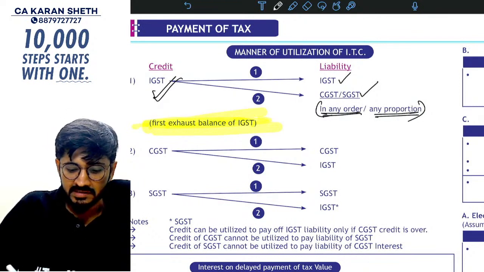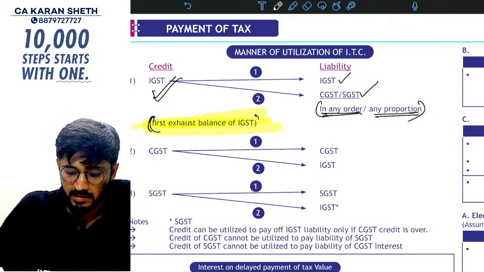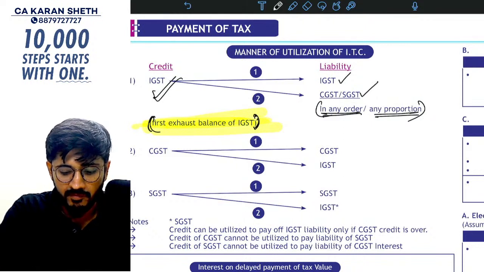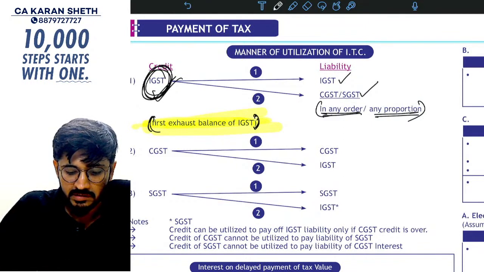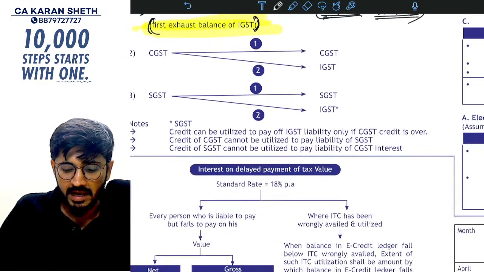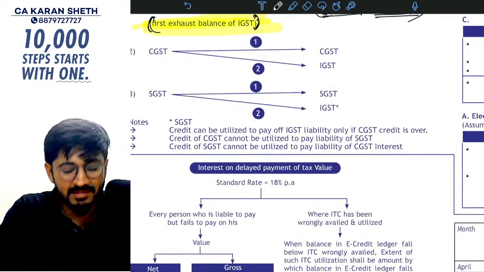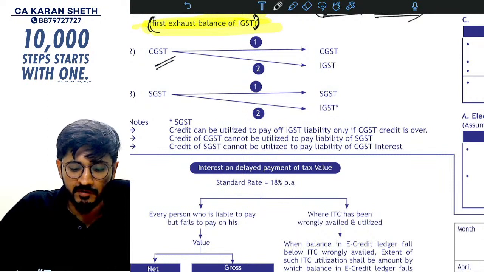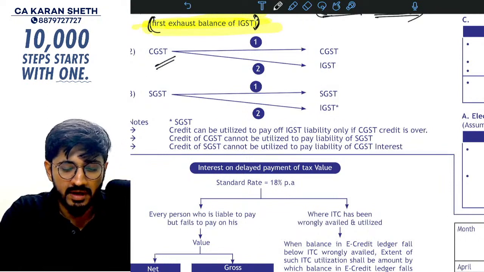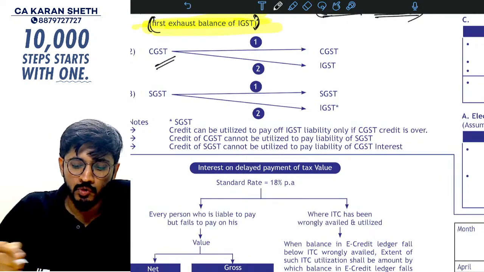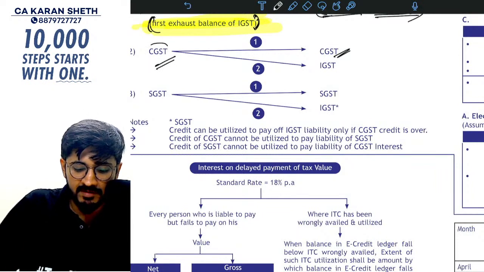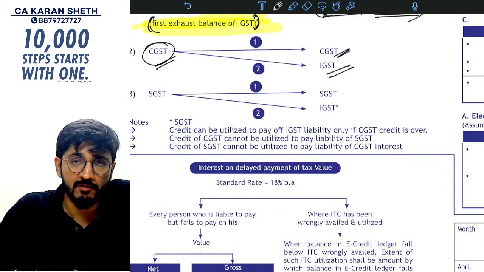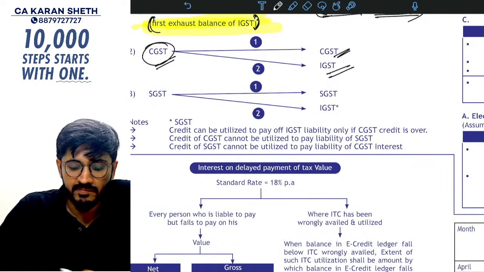That is the balance of IGST. First you exhaust this, and then if you have credit of CGST, you use it to pay off CGST liability, and if you still have the balance left, you go ahead and pay off the liability of IGST.